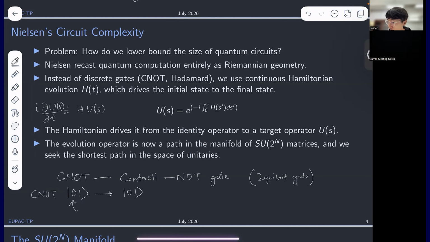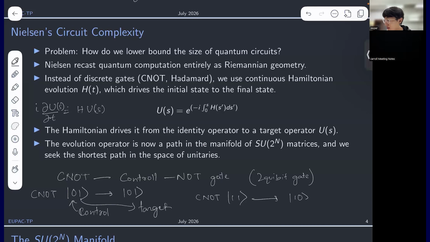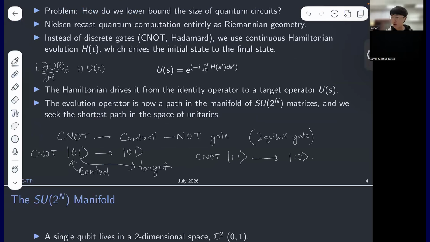This is our control and this is our target. If our control is 1, then our target will be flipped by C-NOT. These C-NOT and Hadamard gates are very simple. The Hadamard gate is much simpler than C-NOT; it is just a 1 qubit gate. But I won't go much into it.